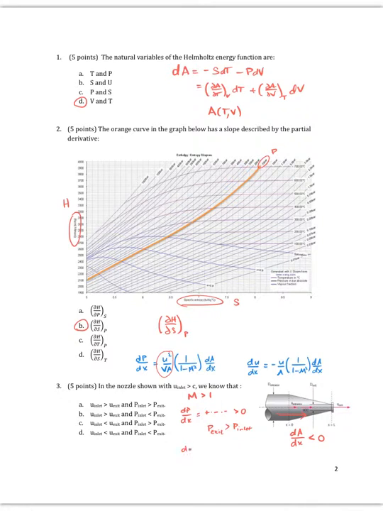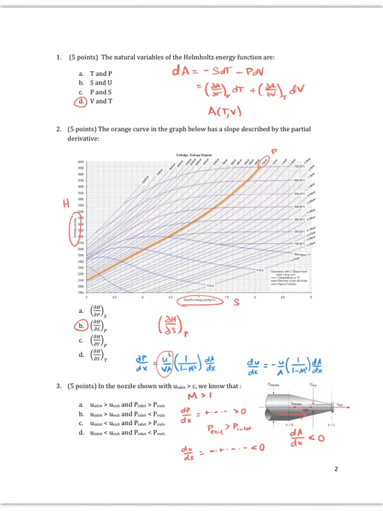If I look at the velocity, I have a negative sign, U over A, those will be positive. 1 over 1 minus M squared, that's going to be negative, and dA/dx is negative, so I have 3 negatives, so this will be negative.